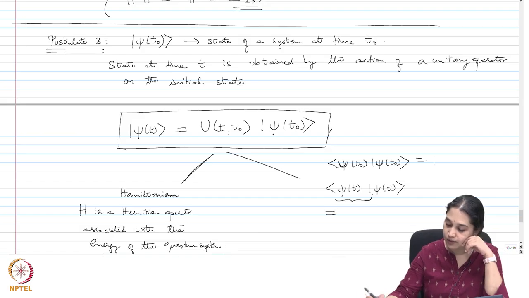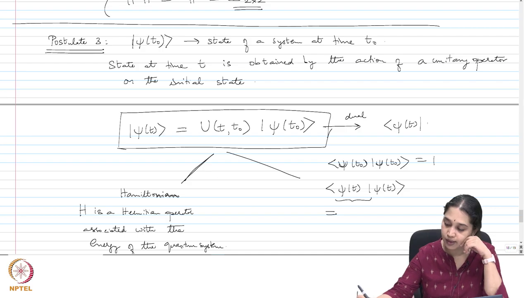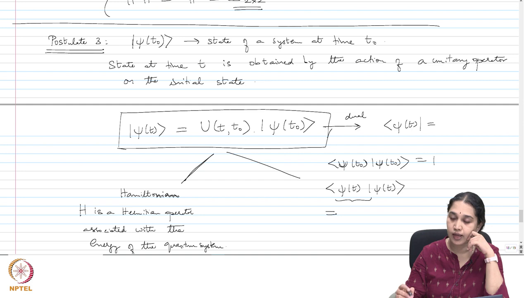The first part is the bra of this. I can take the dual of this equation, the bra of this equation, and it will look like this. Remember, when I take the complex conjugate, I must invert the order in which these terms arise.